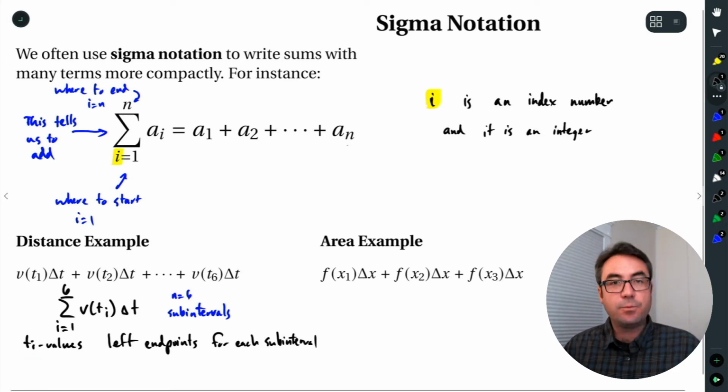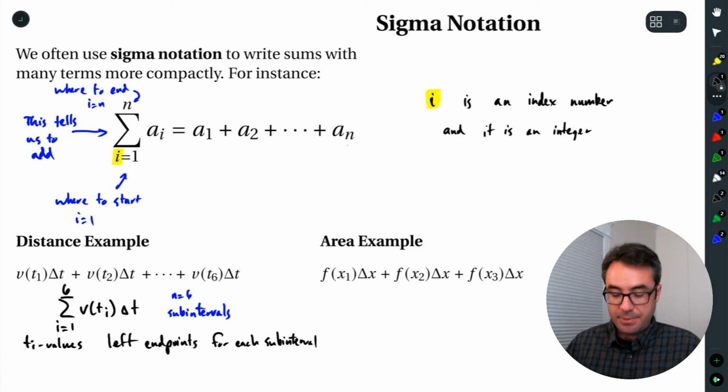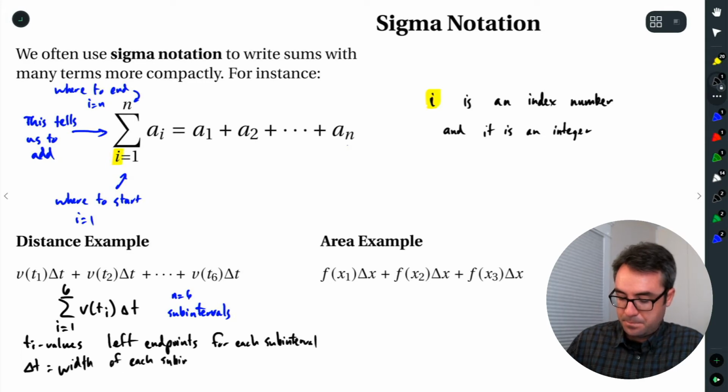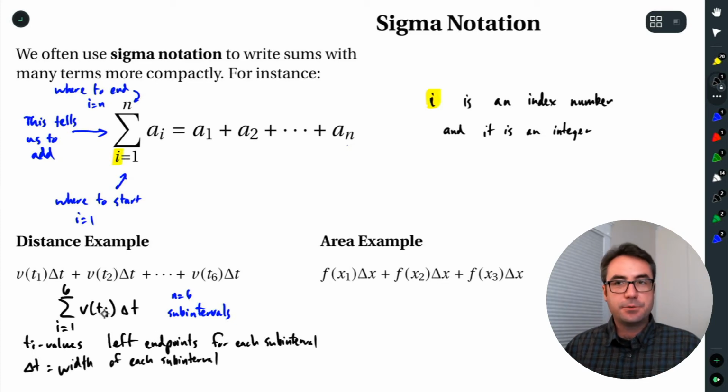That was the width of each time subinterval. So in our notation here, these t values we ended up using as the left endpoints, and delta t was the width.